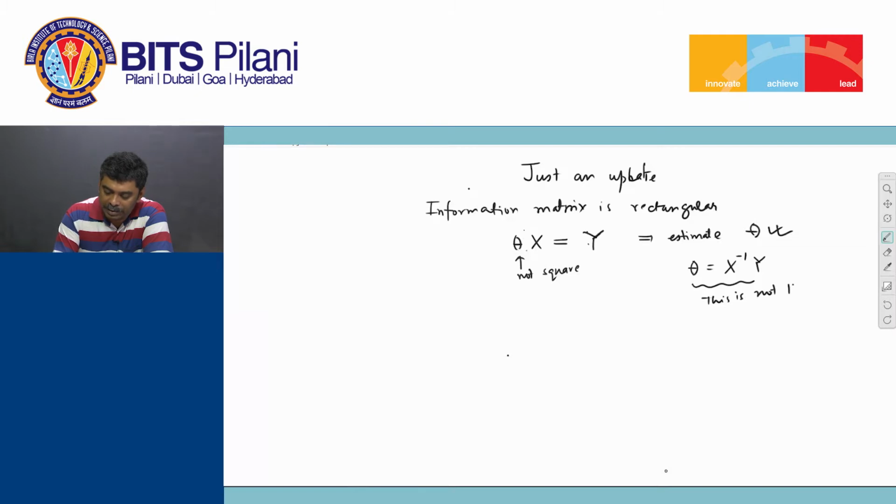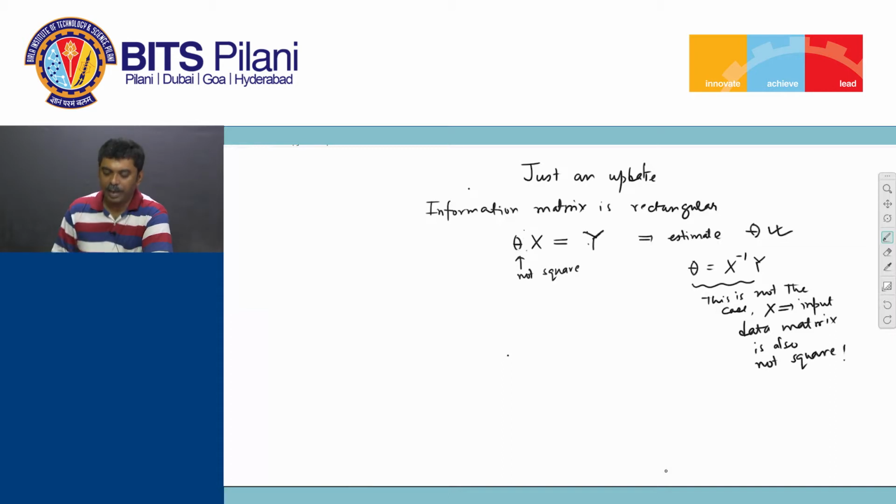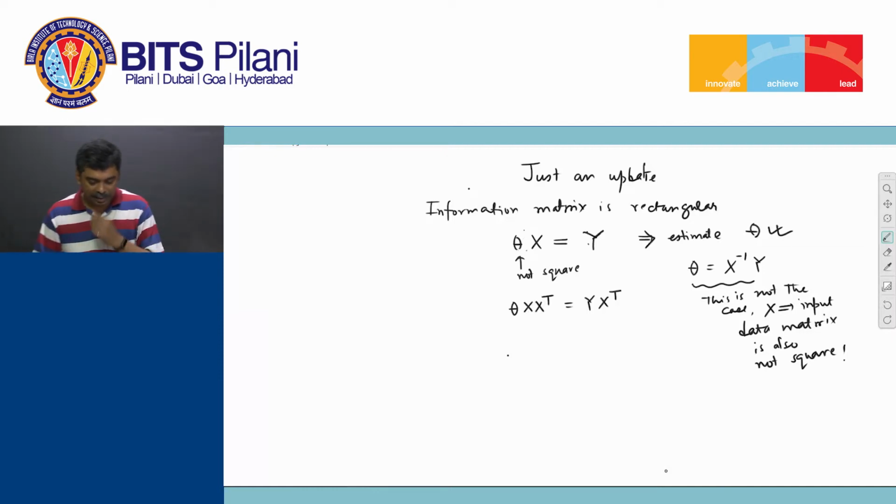This is not the case because your x matrix, your input data matrix, is also not square. So what we do is multiply both sides by x transpose.